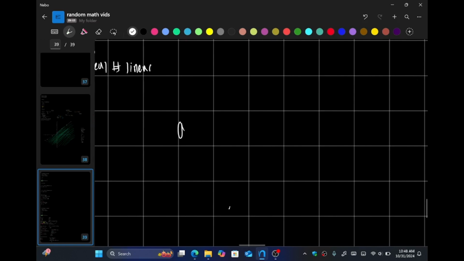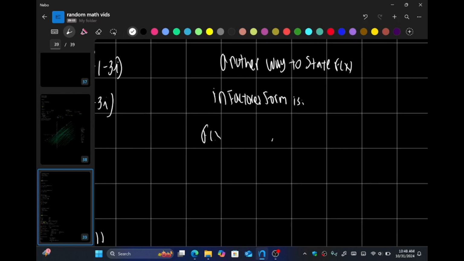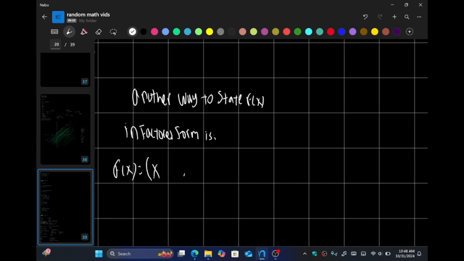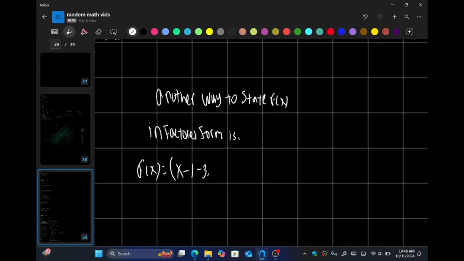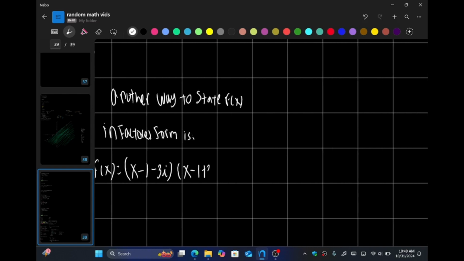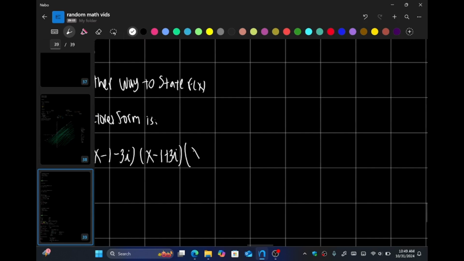So another way to state f of x in factored form is f of x equals the quantity x minus 1 minus 3i times x minus 1 plus 3i times the quantity x minus 2 times the quantity x plus 1.